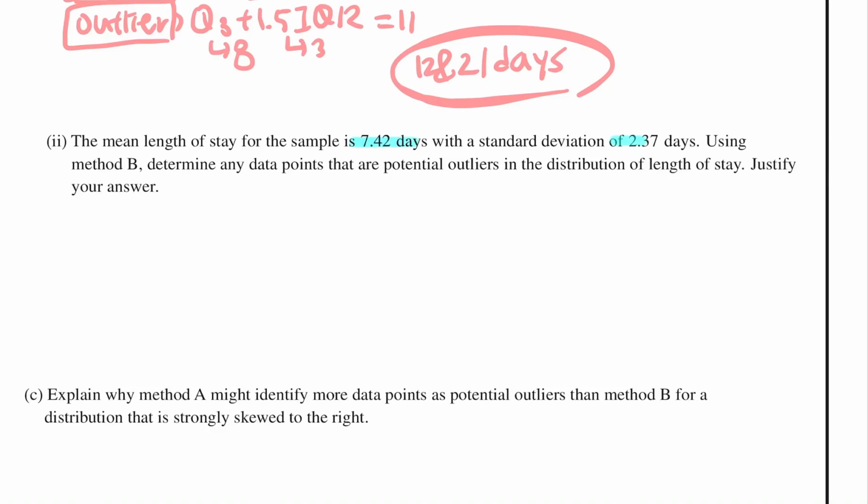Next, the mean length of stay for the sample is 7.42 days with a standard deviation of 2.37 days. Using method B, determine any data points that are potential outliers in the distribution of lengths of stay. Justify your answer.